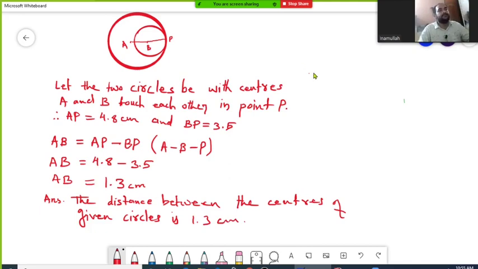So this way we can use the theorem on internally touching circles because these two circles are touching each other internally. So here you need to mention intersecting in point P internally. So when two circles touch each other internally, then the distance between their centers should be equal to the difference.